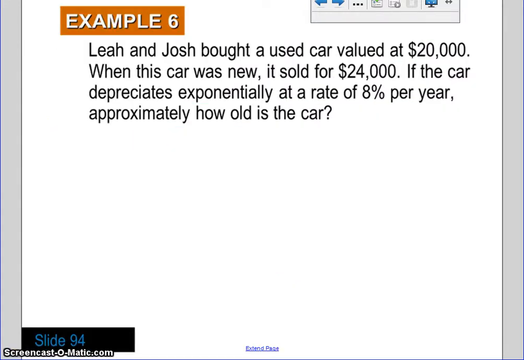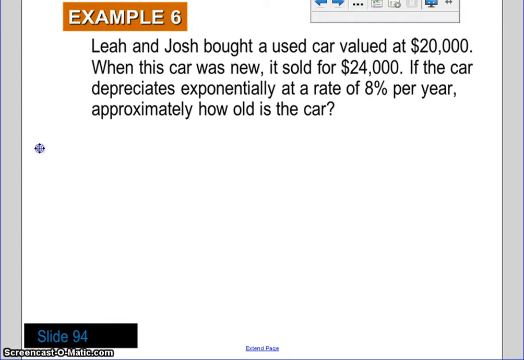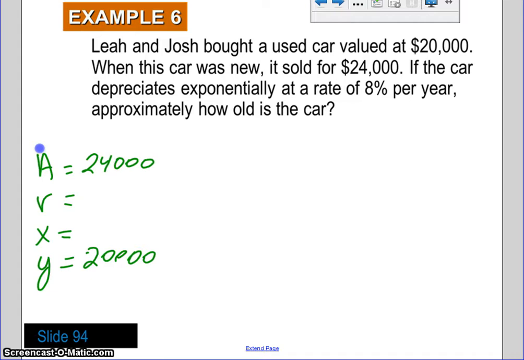All right, last example for this unit. We'll identify our variables on the side as we've been doing. It says Leah and Josh bought a used car valued at $20,000. When it sold new, it was $24,000.